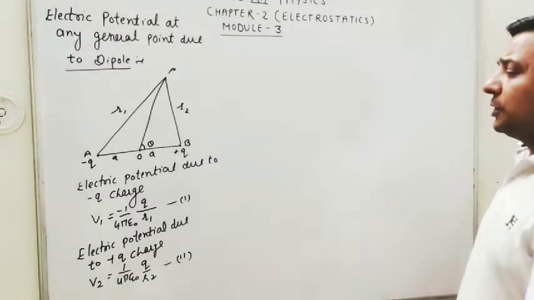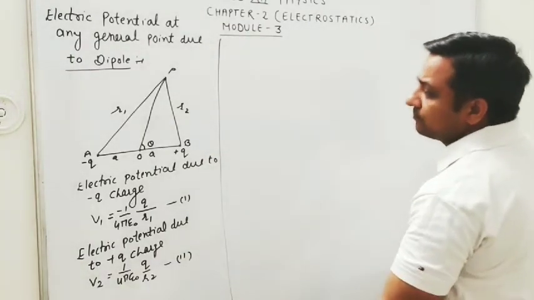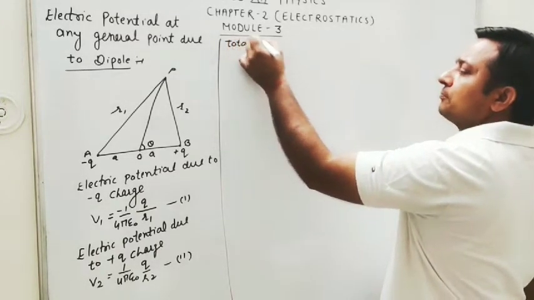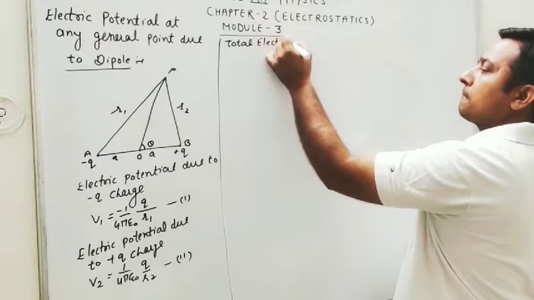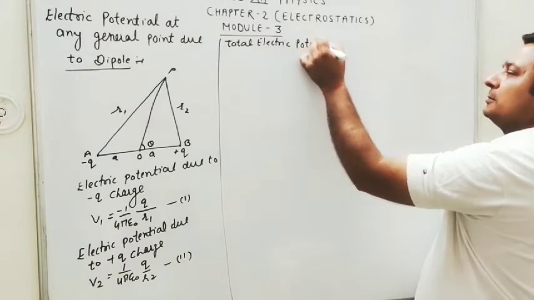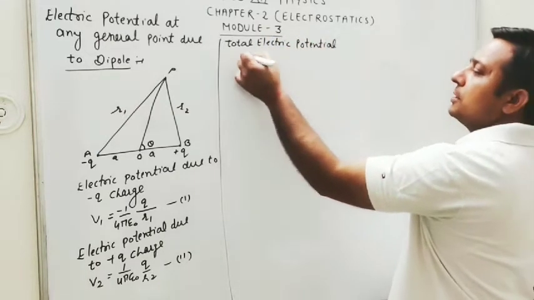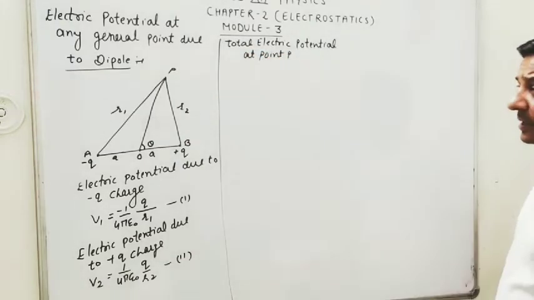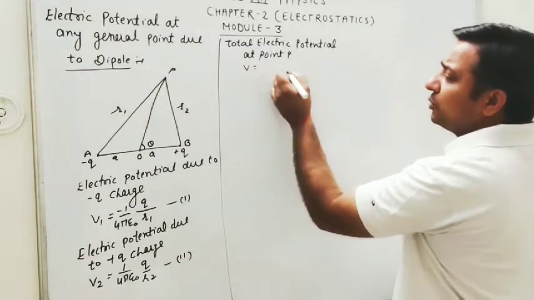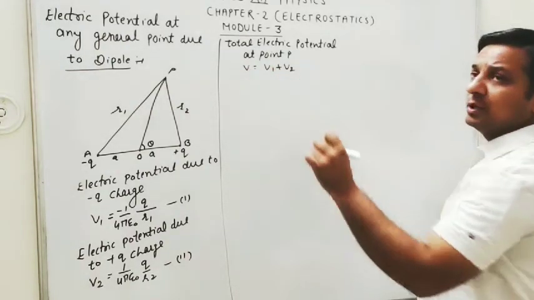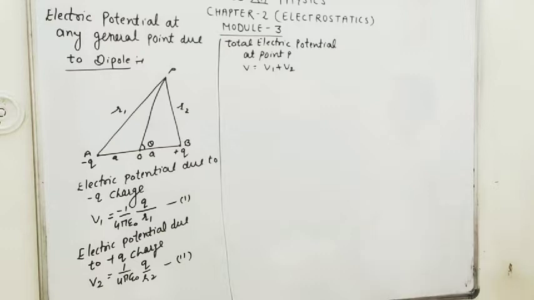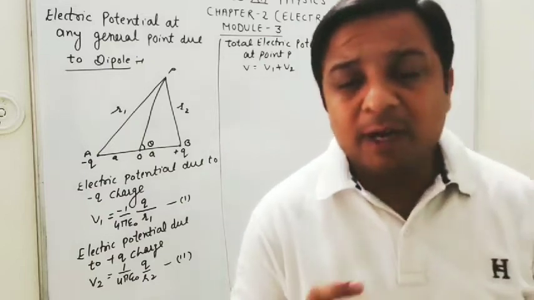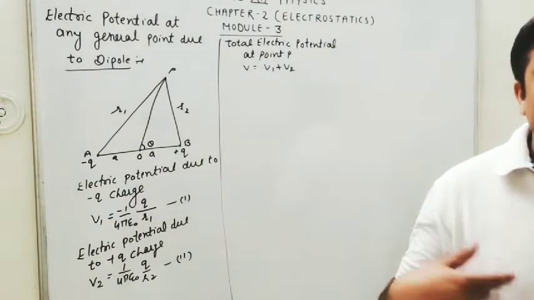So, the net, total electric potential at point P is V equal to V1 plus V2. Dear students, you know very well, because electric potential is a scalar quantity, it will be added directly.